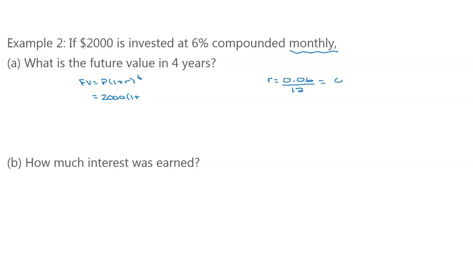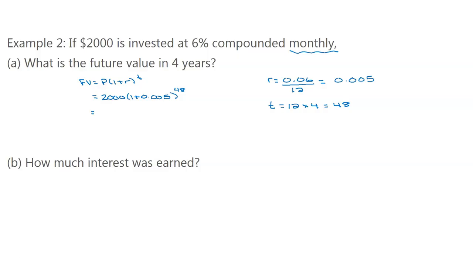So when I divide that, I get that R is 0.005. Plug that in the formula. Now let's look at T. T is the number of compounding periods. So I'm getting interest 12 times a year. So over the course of 4 years, I've gotten interest 48 times. So that's the value of T.